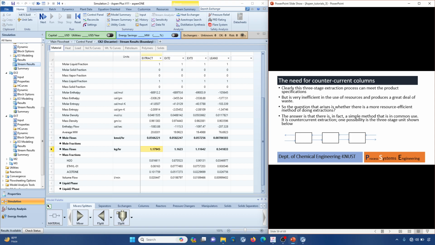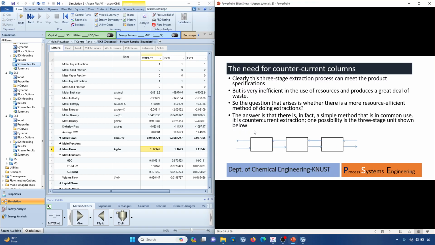So if you... and the idea there is it's a single unit, right? So the entire extraction occurs in a single unit column, and over here, if this should be our feed material, you see that it is contacted with partially spent, or already partly spent, solvent.